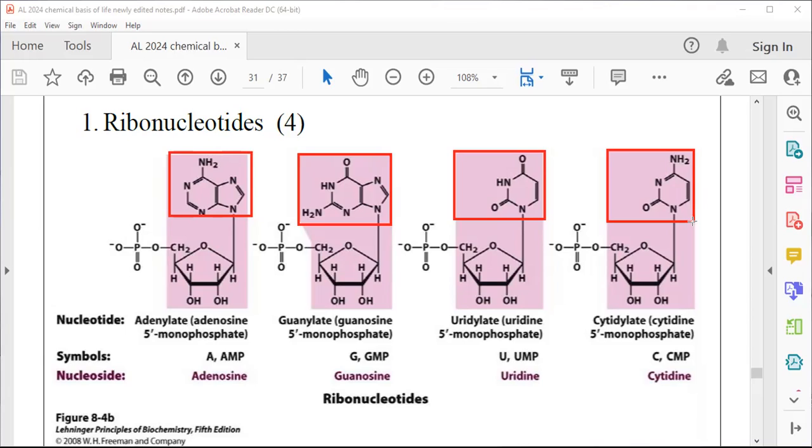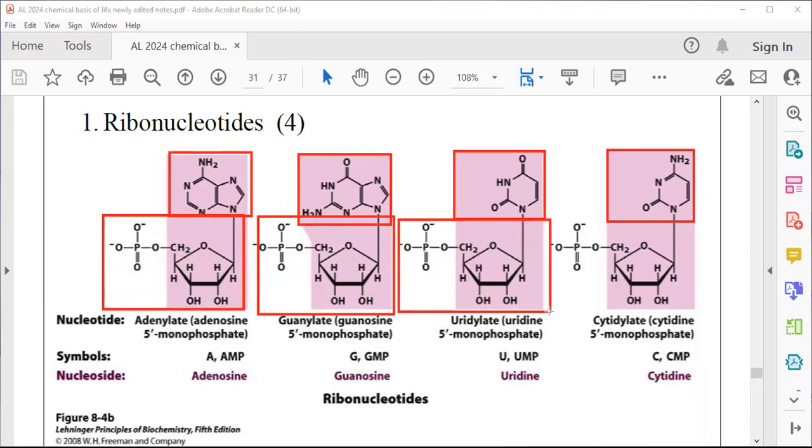There will be phosphate group. Ribose sugar, phosphate group. Ribose sugar, phosphate group. Ribose sugar, phosphate group. Ribose sugar, phosphate group. That is same.